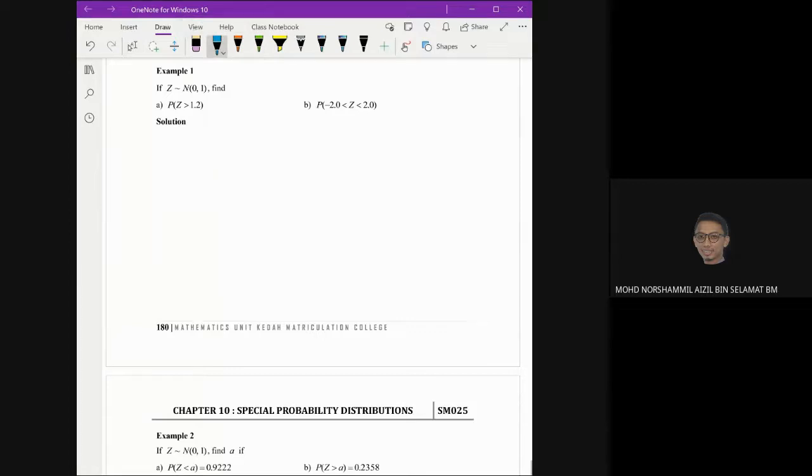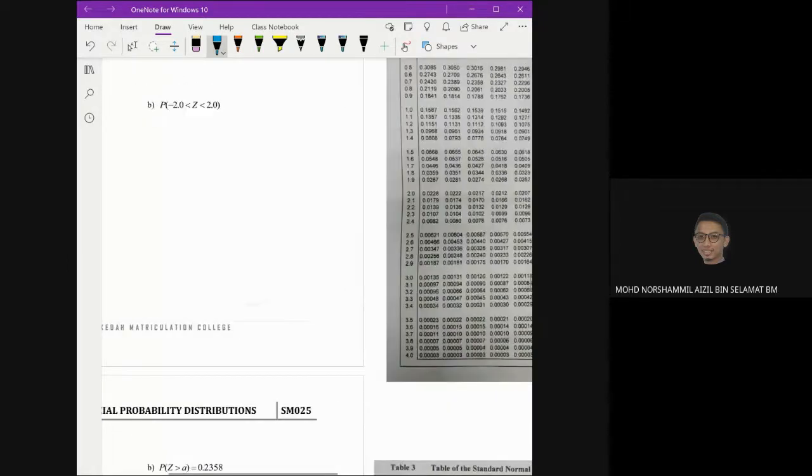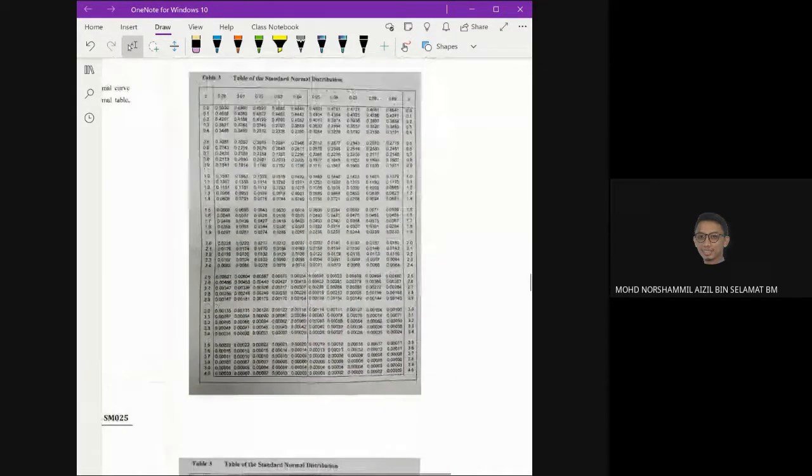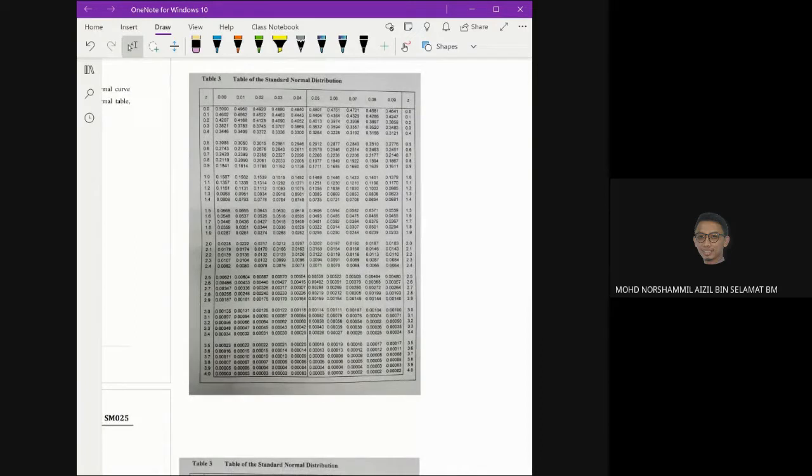Okay guys, so let's find out how to use the table. Tolong make sure dengan you sekarang ni ada buku statistik yang saya bagi tu. Take a look at your book. Please find this table, the table of the standard normal distribution. Jumpa dah? Page berapa?